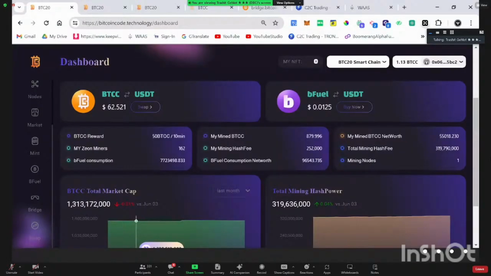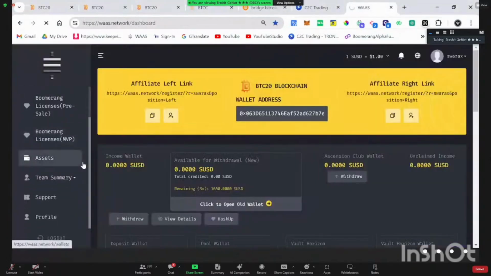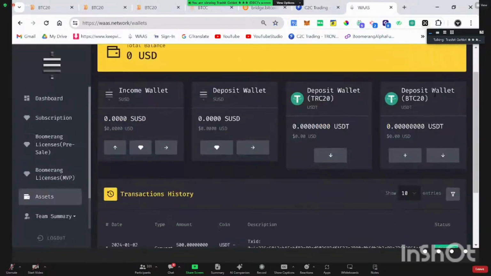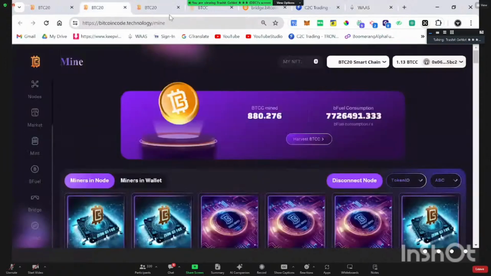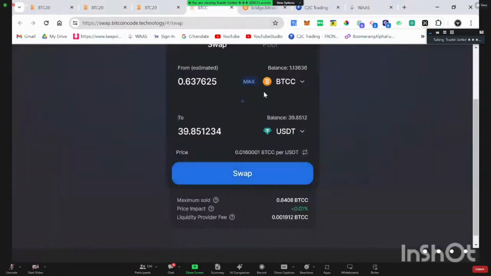Over here you can go to assets where your wallets are located, deposit wallets, and here you have this deposit wallet which accepts BTC20 USDT. So what you can do is go to swap. If you want to sell your BTCC off, you can use the swap feature.